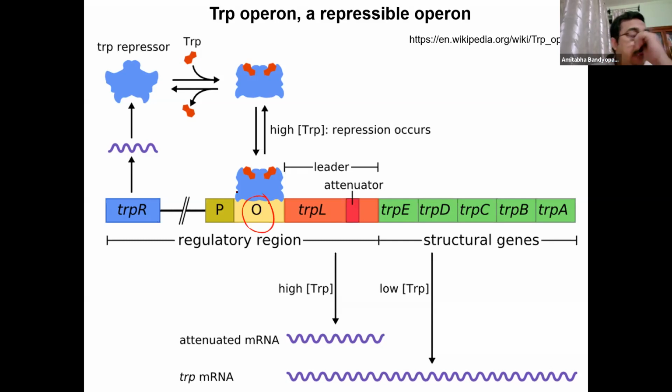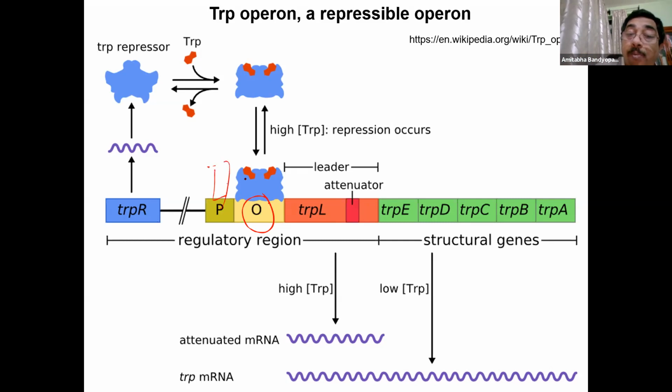Okay, operator is a DNA element apart from the promoter. Promoter is where the RNA pol will bind. Operator will dictate whether the RNA pol will be allowed to transcribe or not. So if the repressor sits on the operator, then there is a physical block.